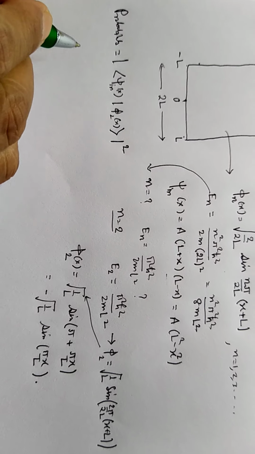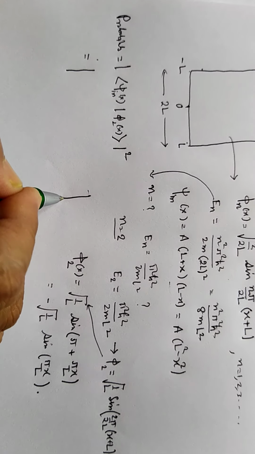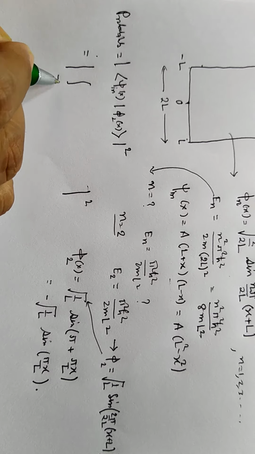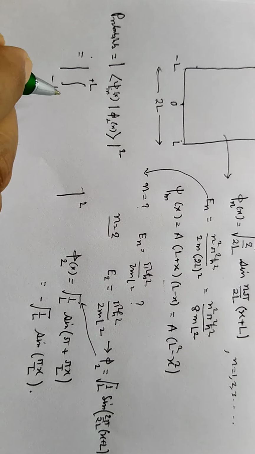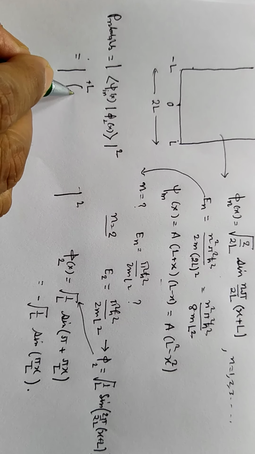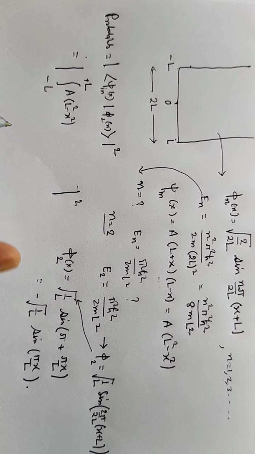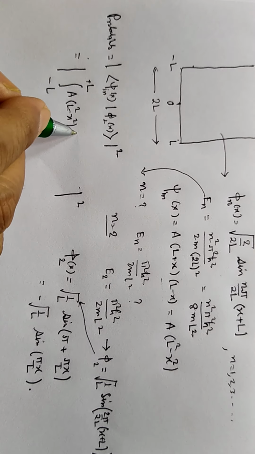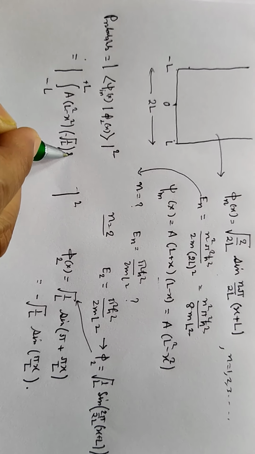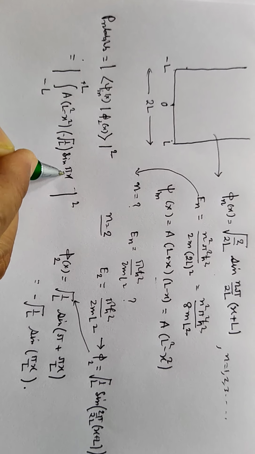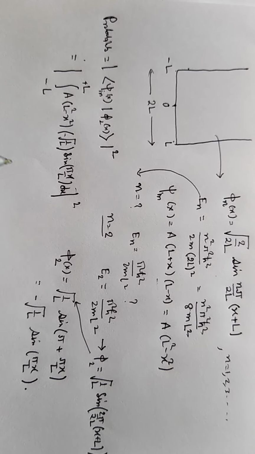So this is nothing but the mod square of the integration from minus L to plus L, because it is ranging in space from minus L to plus L, of ψ, A times (L² minus x²), and φ2, minus square root of 1 by L sine of πx by L, dx.